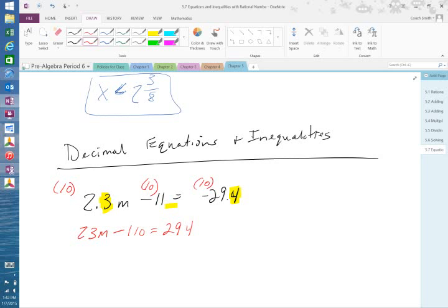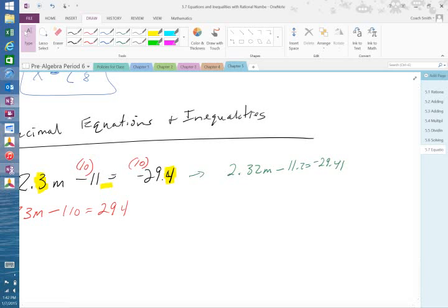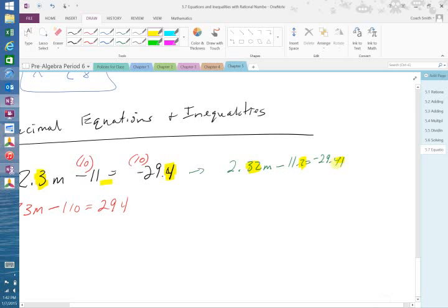So let's say it looked like that. Okay, so you have 2, 1, and 2 decimal places. All you're doing, folks, is moving the decimal the same amount of times in each term. So here, move it once, twice, so that's 232m.